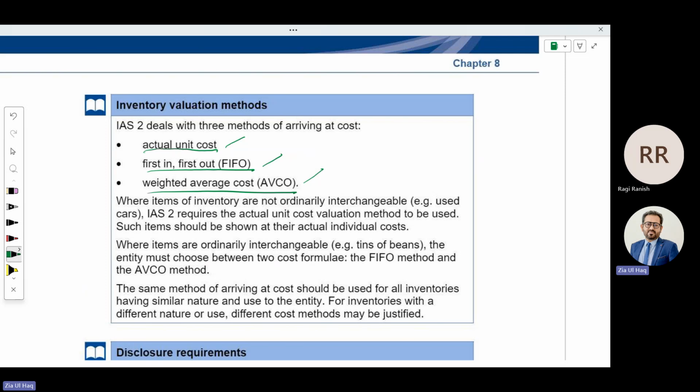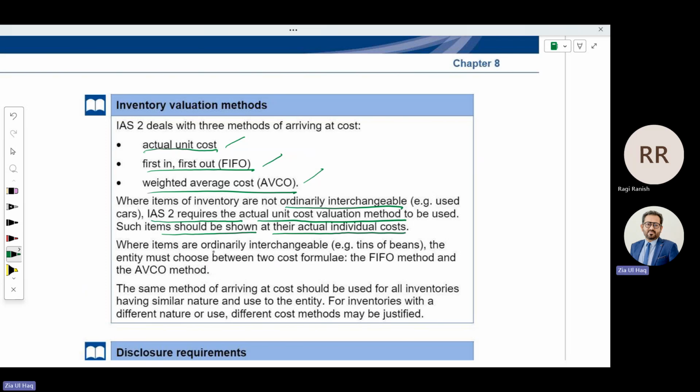Where items of inventory are not ordinarily interchangeable, for example, a used car, IAS 2 requires the actual unit cost valuation method to be used. Such items should be shown at their actual individual cost. Meaning the unit cost method is used for unusable inventory.